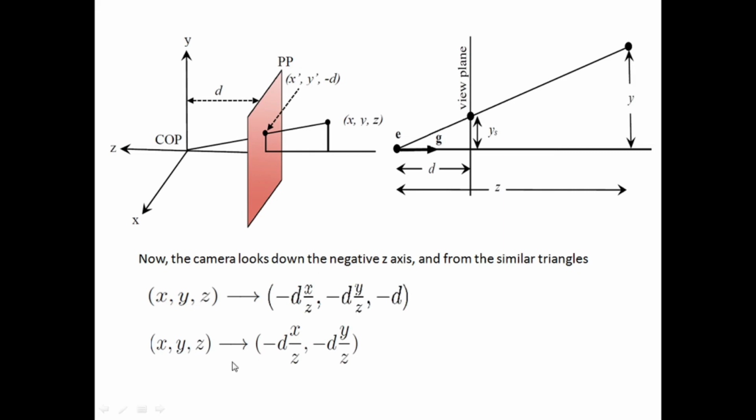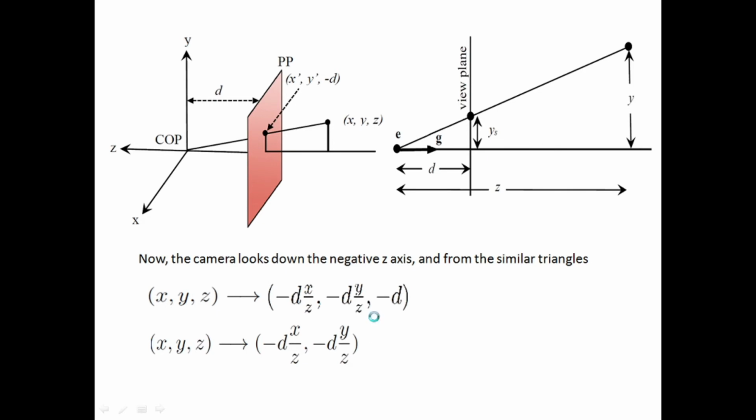How do I get this? The camera is looking down the negative z axis, and from the similar triangles I get this. So if this is my scene coordinate, my pixel coordinate finally comes out in this manner. Why is it minus d?